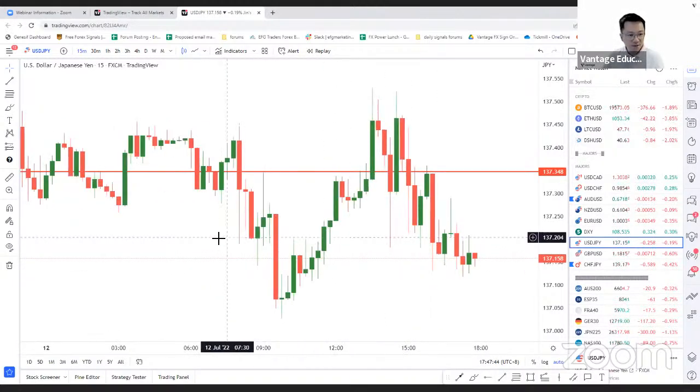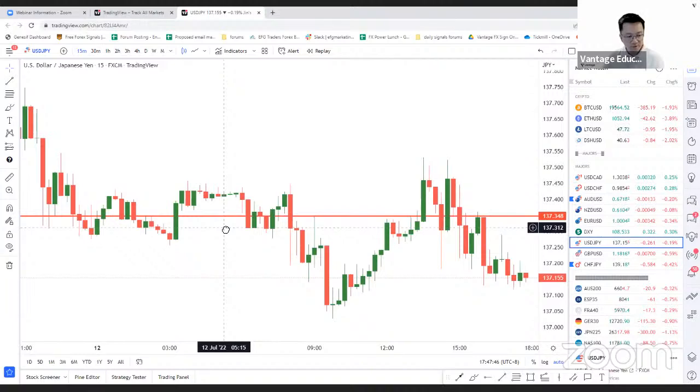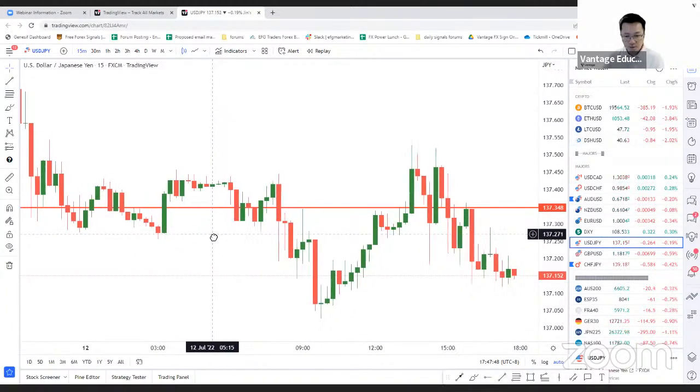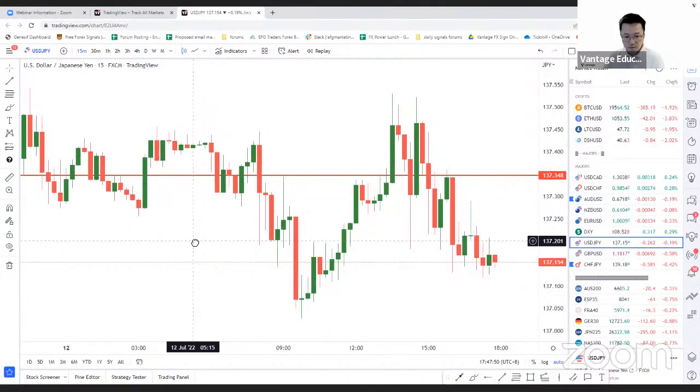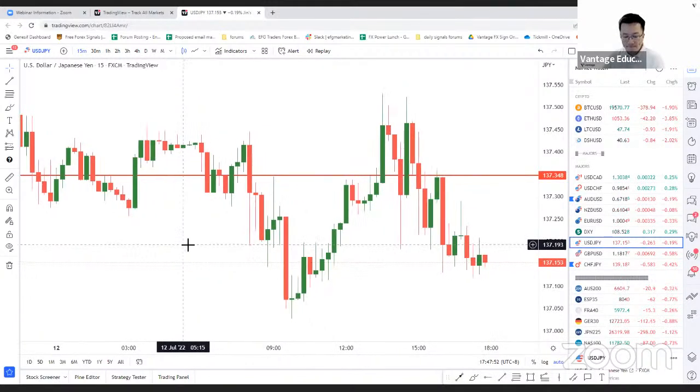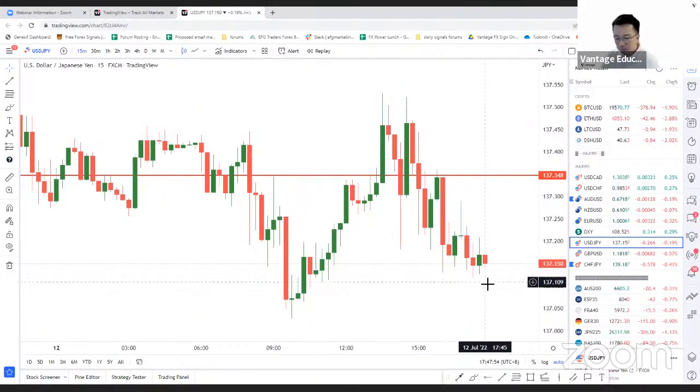In this case, for example, not a perfect setup, but you can see that it tried to go lower, tested up, the next candle tried to go lower, but then tested and closed above.